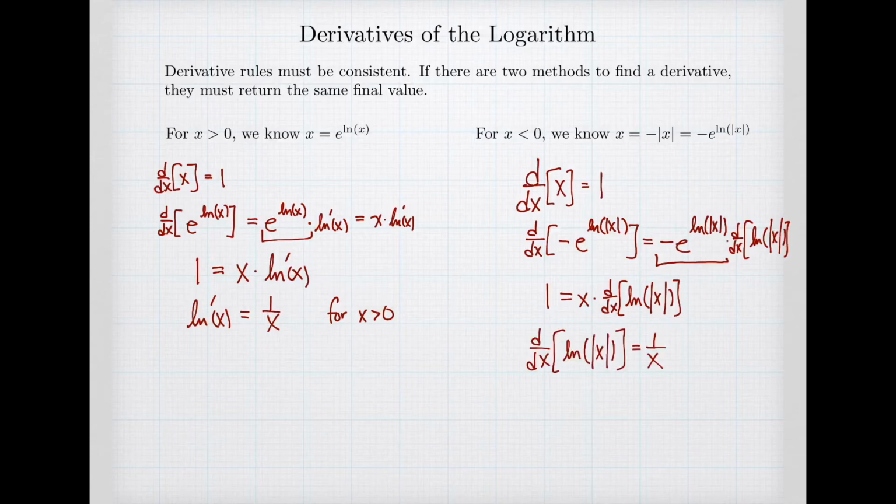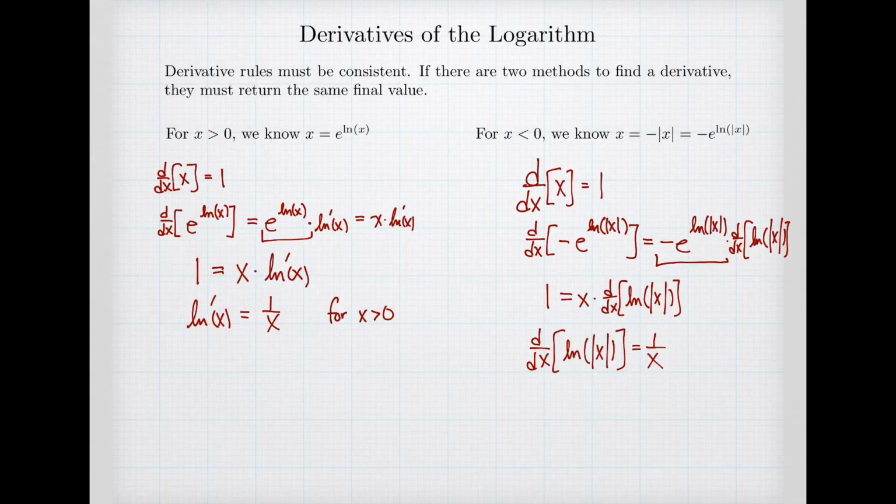When x is negative, I've learned that the derivative of the natural log of the absolute value of x is also 1 over x. Now I want to ask a question for you to think about. When I did this step in the chain rule, why didn't I write the natural log prime of the absolute value of x? Think about that. And how does the notation relate to what I did write?